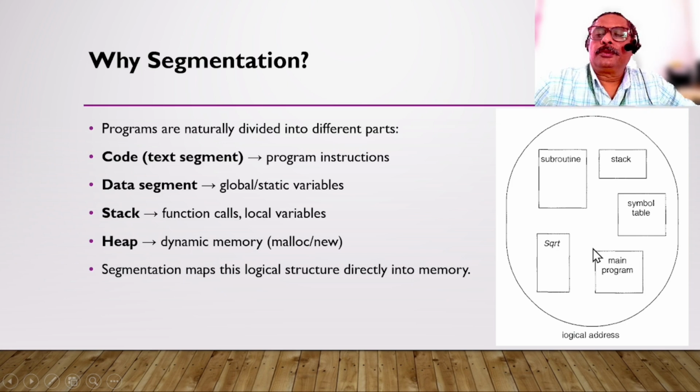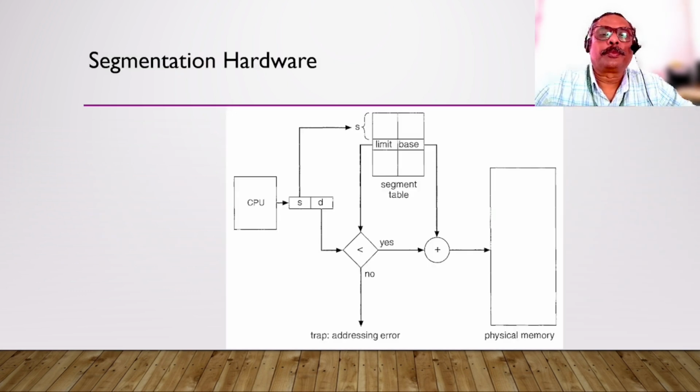From the user's perspective, we can say that this whole boundary is about a particular process, and that process consists of many segments like a main program, symbol table, stack, and subroutines, maybe one function called square root. These are the different logical segments in our process, and this is how a user views it.